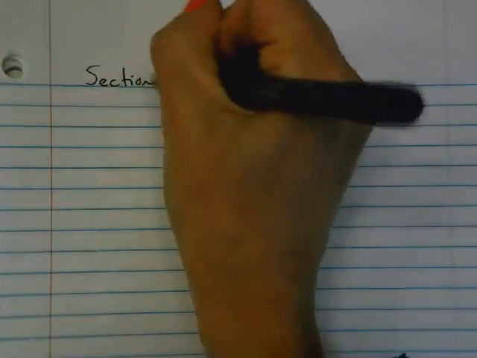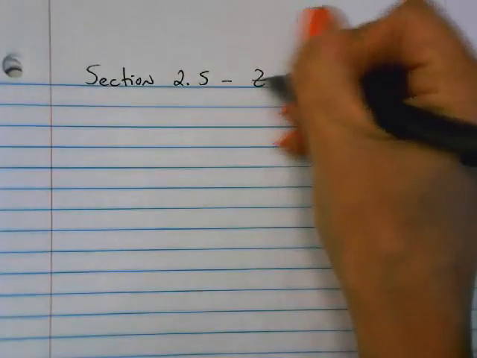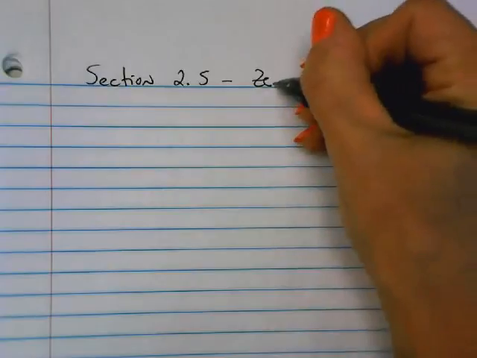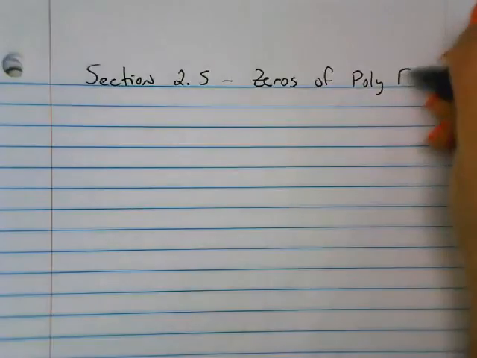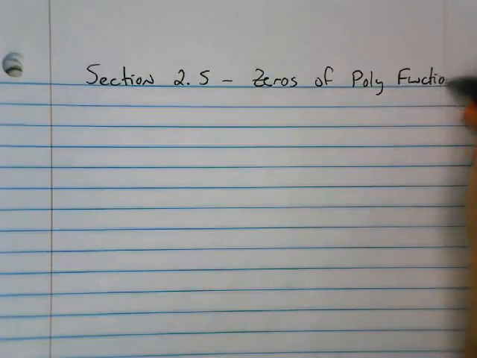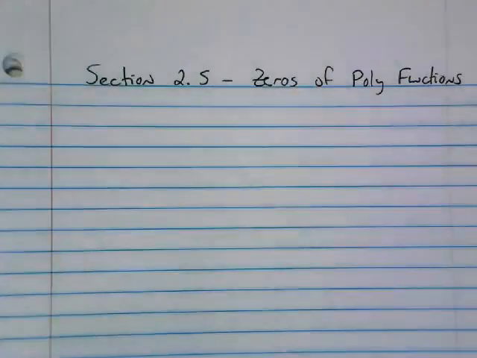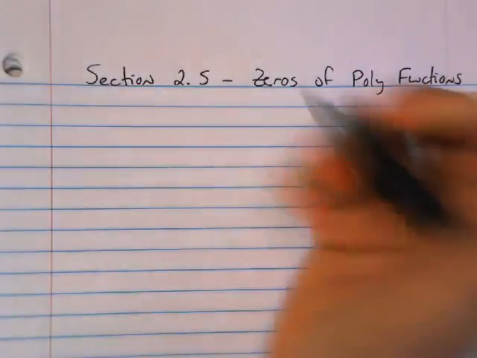Alright guys, today we are going to do section 2.5, which is zeros of polynomial functions. Yesterday in class we talked about how to find the possible rational roots.